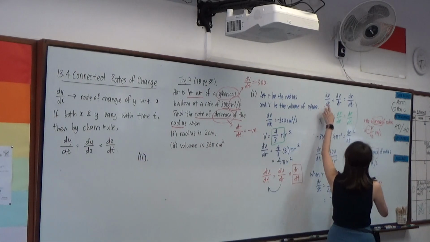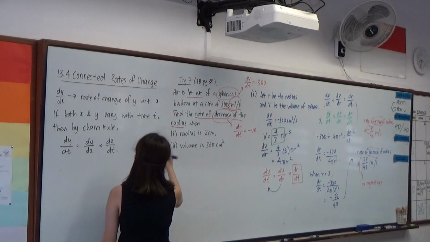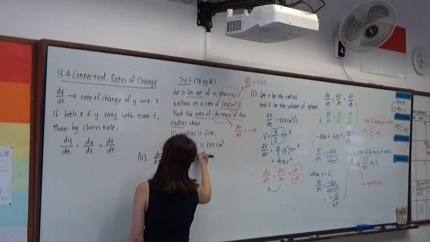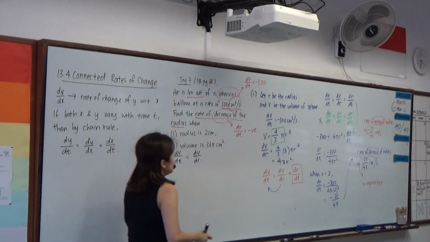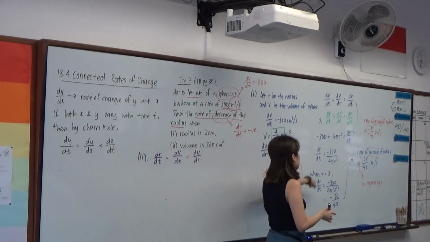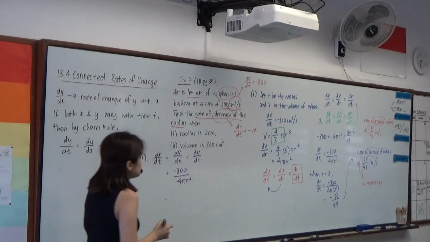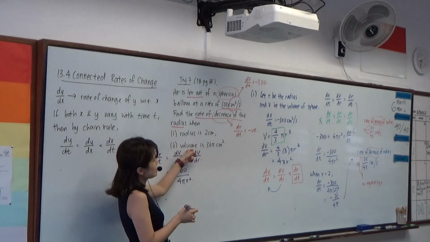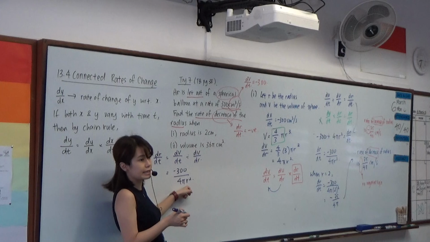We already know we are going to apply the formula dr over dt equals dV over dt divided by dV over dr. In part 1, we found dr over dt is negative 300 over 4 pi r squared. But since we're given the volume, 36 pi, we don't know what r is, so we cannot substitute an r value in here.